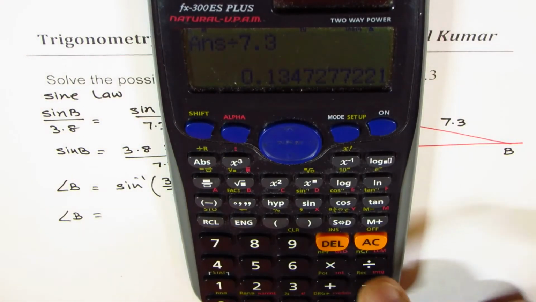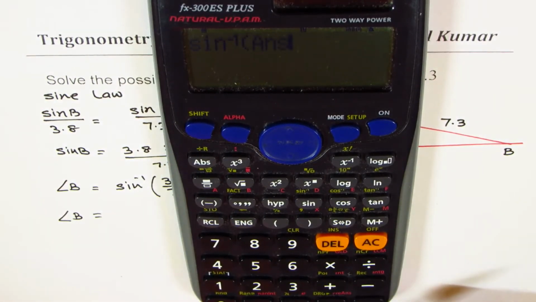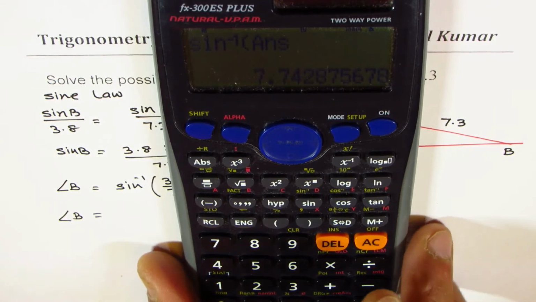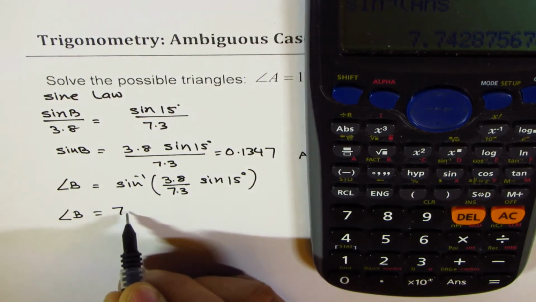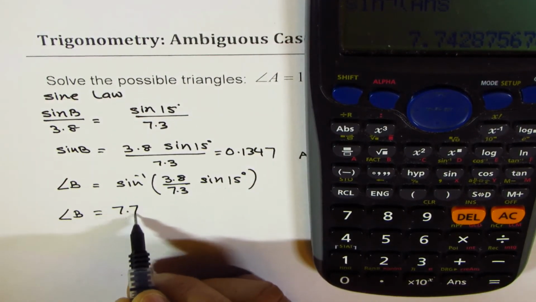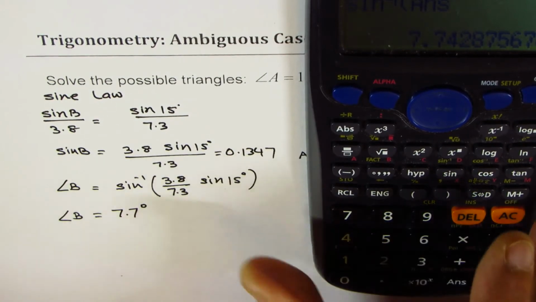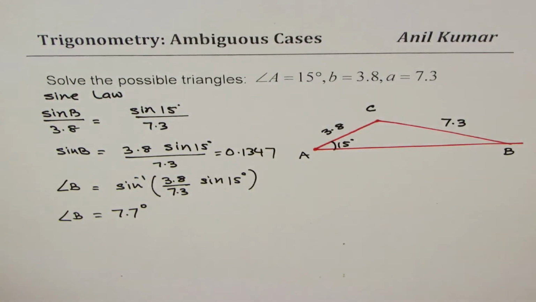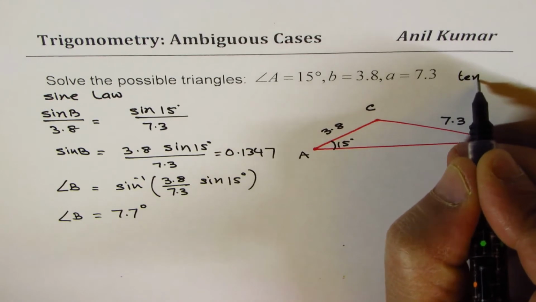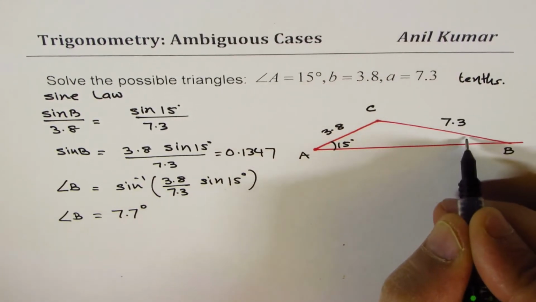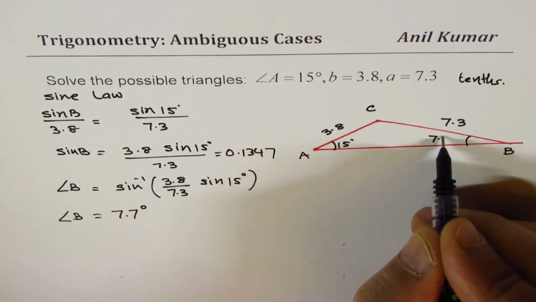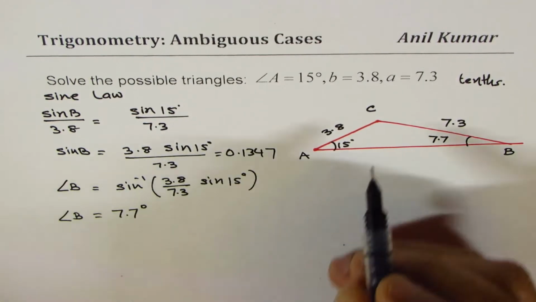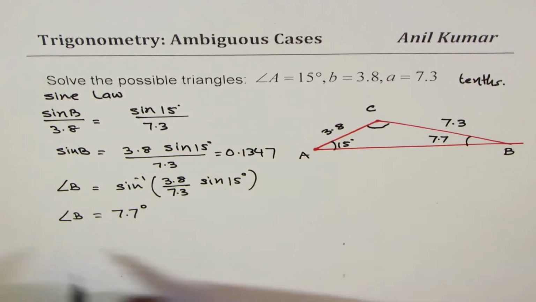So shift sine inverse of the answer is equal to 7.742. Let's go for 1 decimal place. So we round it to tenths. So we know this angle is 7.7. Now you can find angle C very easily.